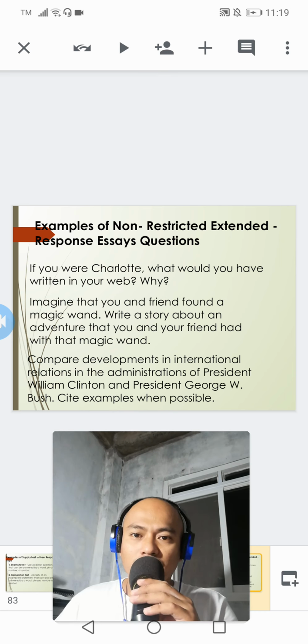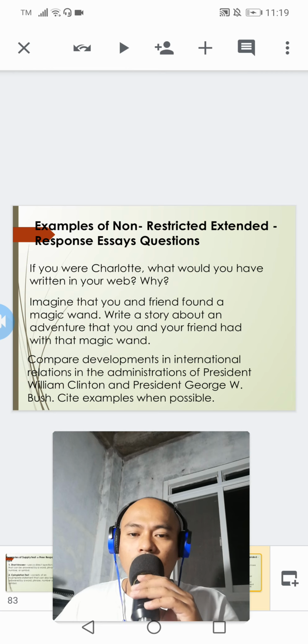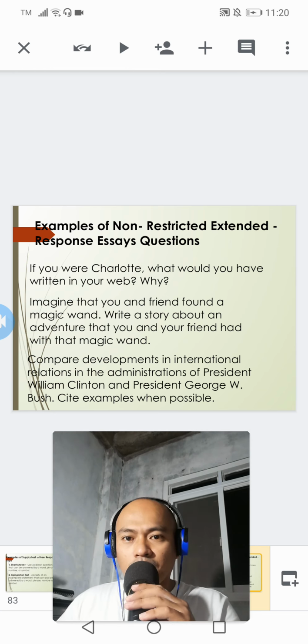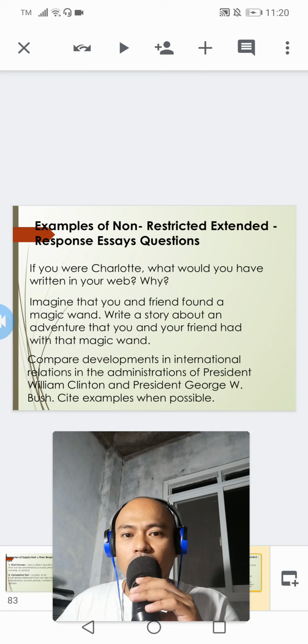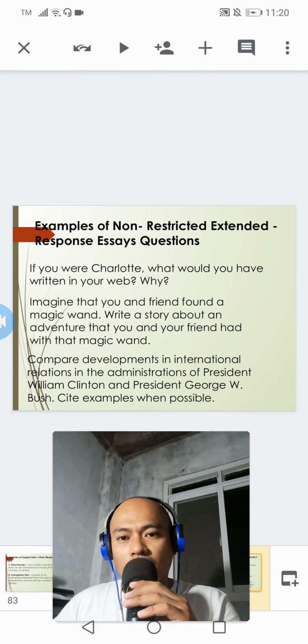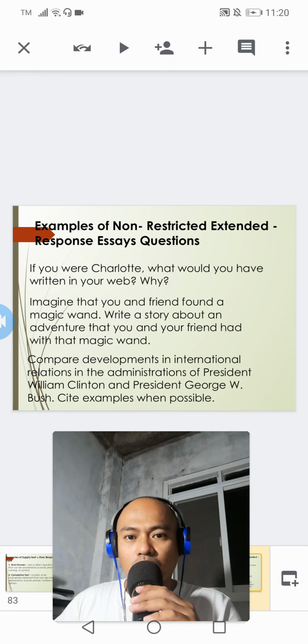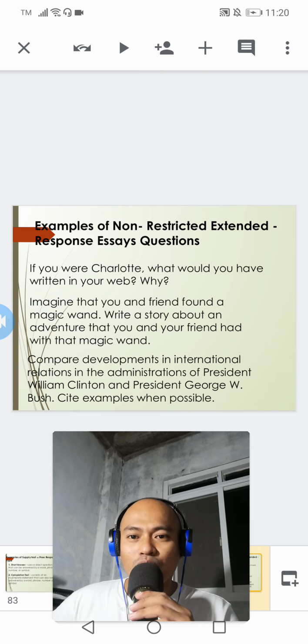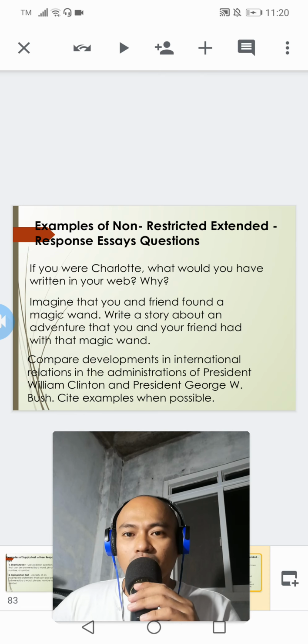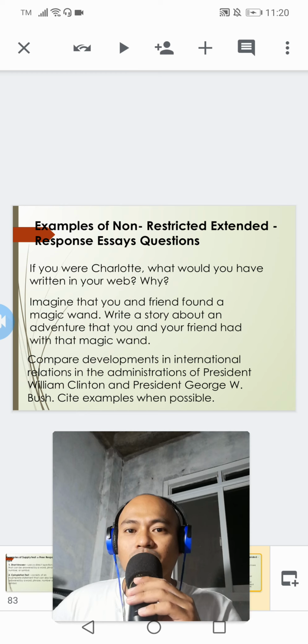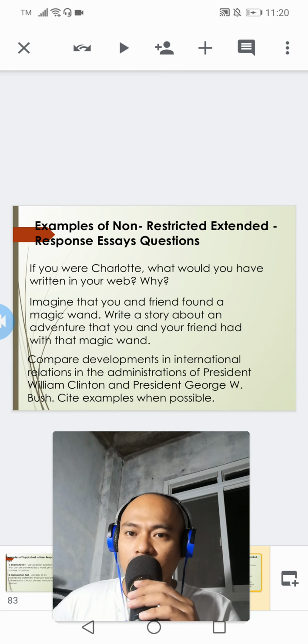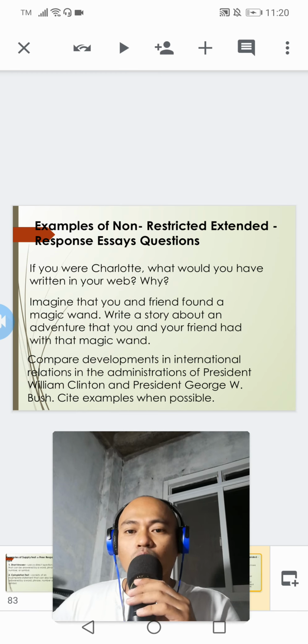Let them write a story about the adventure that they will be doing with this particular magic wand. Writing a story is very open-ended. So therefore, the second situation is also an example of a non-restricted or extended response essay question.